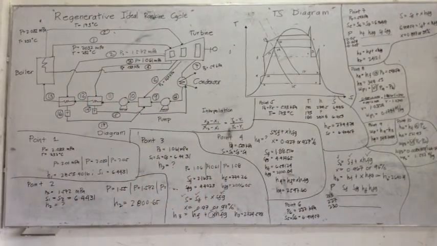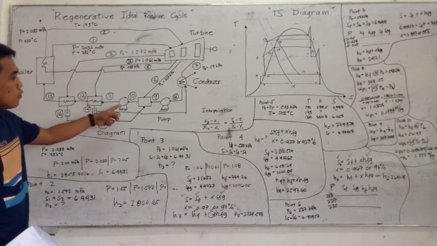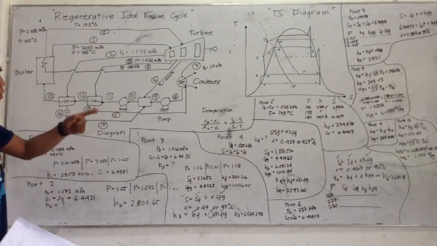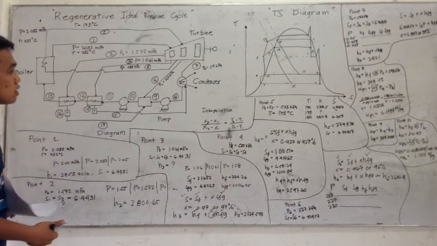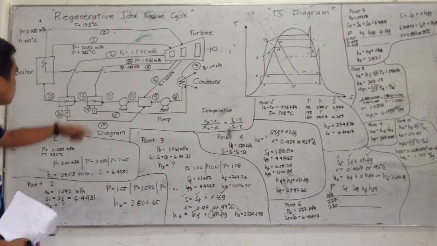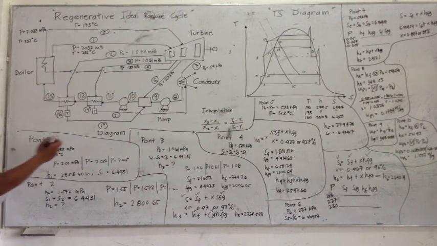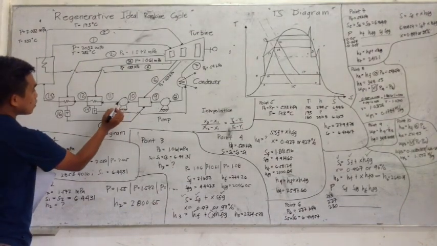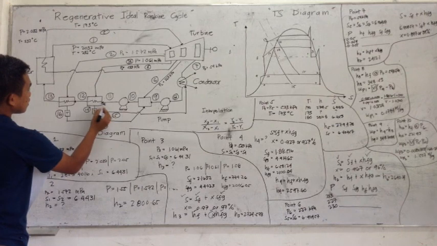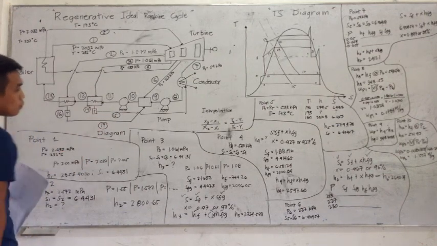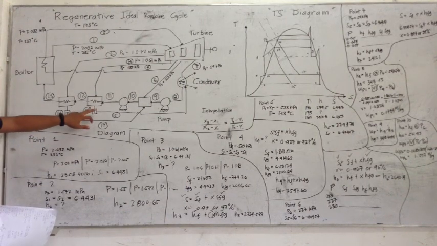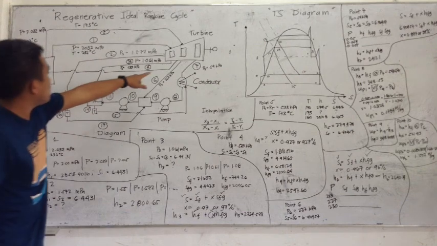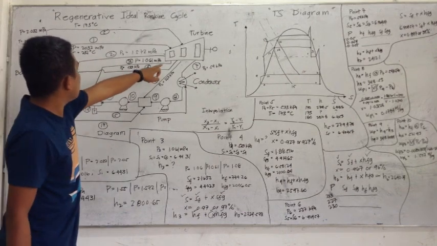Here, back in our diagram, we have already the work of pump 1, which is 1.07. The work of pump 2 delivers into a closed feed. As you can see, it delivers liquid water into the closed feed water tank, which is connected at point 3.